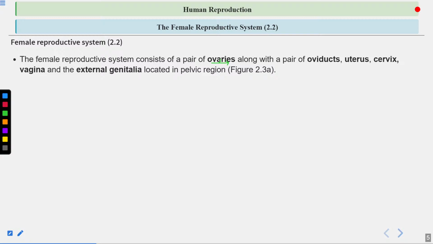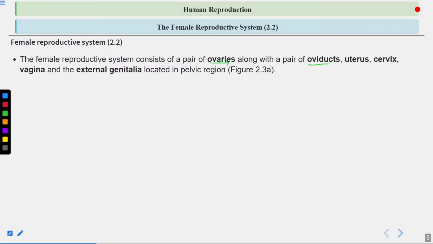Now, a pair of ovaries is present, means two ovaries, along with a pair of oviducts. Oviducts are also known as the fallopian tubes. Then the uterus is present, cervix is present, vagina, and external genitalia are also present.